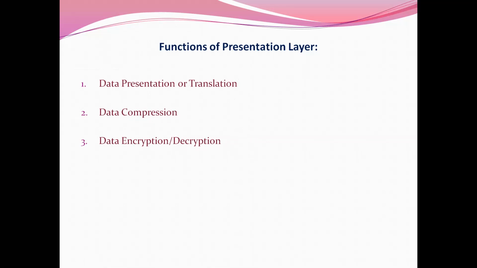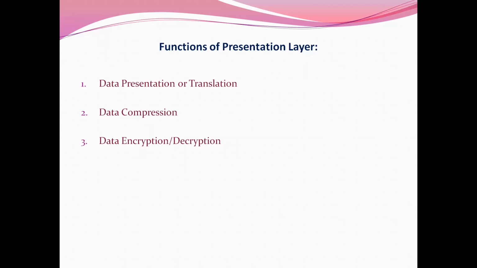Why is the data compressed? For example, if the data is not compressed, then it occupies more space. Once the data is compressed, it occupies less space. For example, if some data occupies 5 MB, and we use compressing techniques so that the data is compressed to 2 MB, then the space occupied will be less, and it takes less time for the transmission of the data from the sender to the receiver.